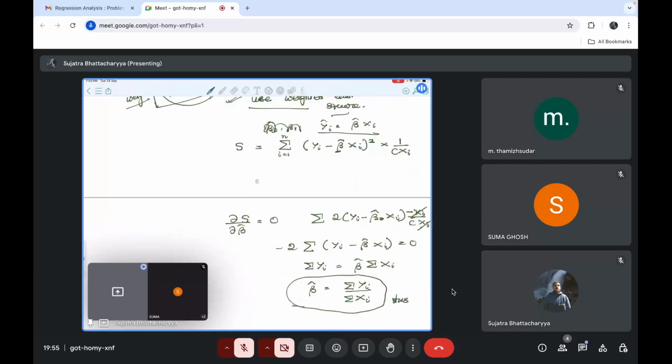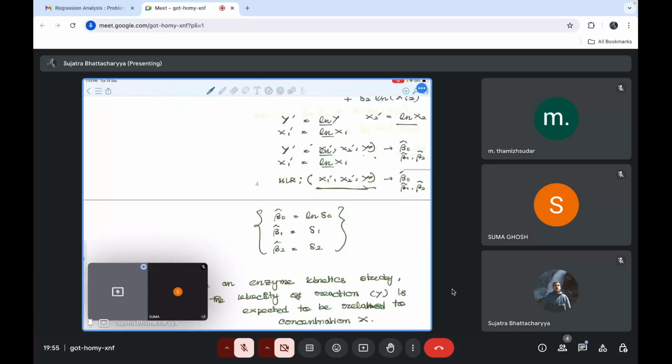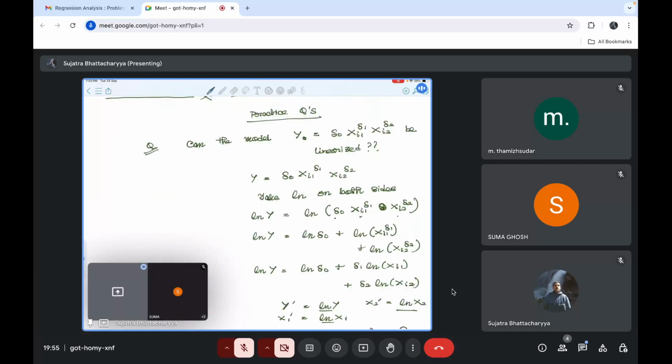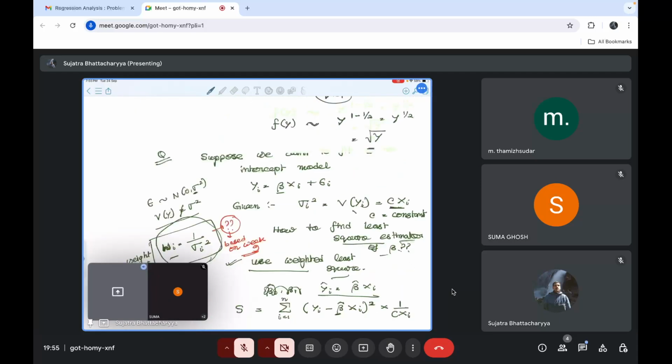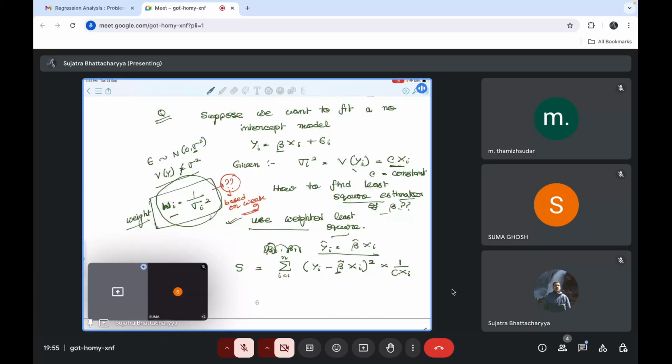So most importantly, I would just go through this part. These are the linear relationships. You have seen it. It's clear, I think. The only important part is this, where you can see that sigma i becomes equal to C into xi, not a constant quantity, but a constant times some xi. Here you have to see weight is equal to 1 upon sigma i square.